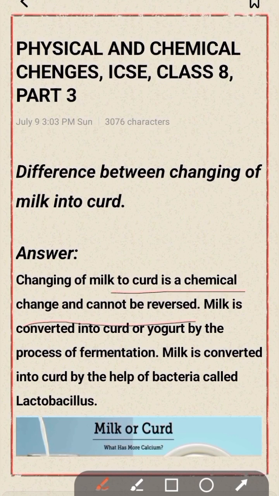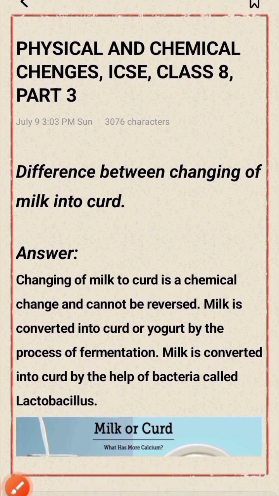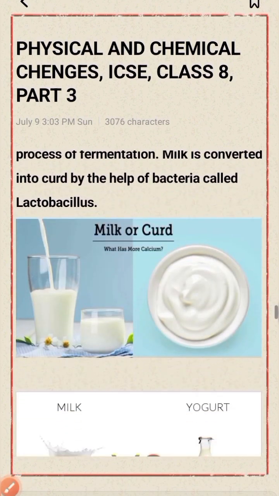Milk is converted into curd by the process of fermentation. Milk is converted into curd with the help of bacteria called lactobacillus. Okay, show the picture supporting the question.